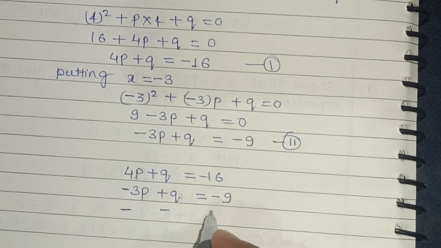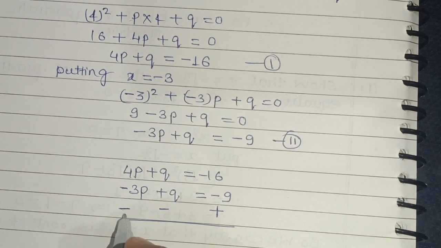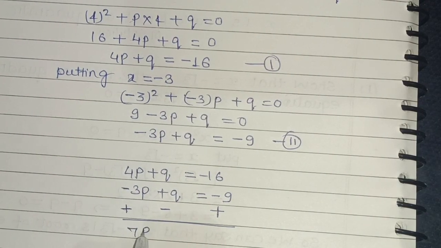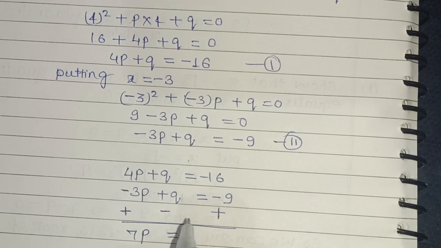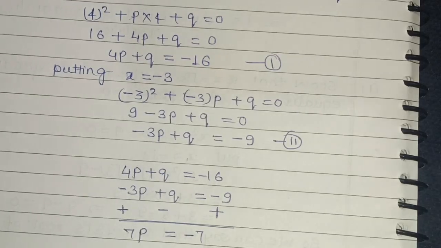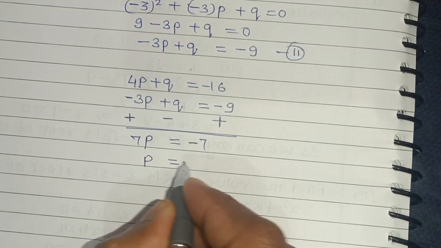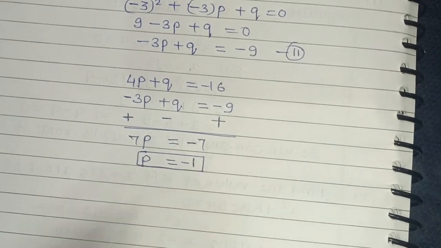Subtracting, okay, what we will get, that is 7p, q cancels out, equal to minus 16 plus 9, so that is minus 7. So value of p is equal to minus 1. We get the value of p is minus 1.